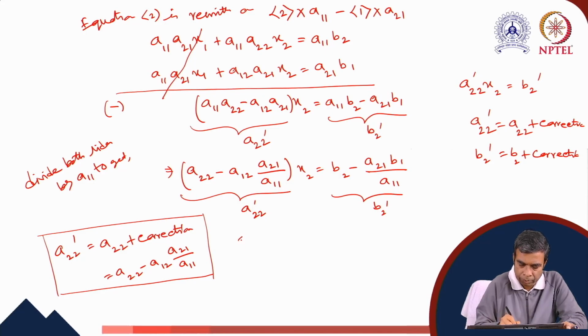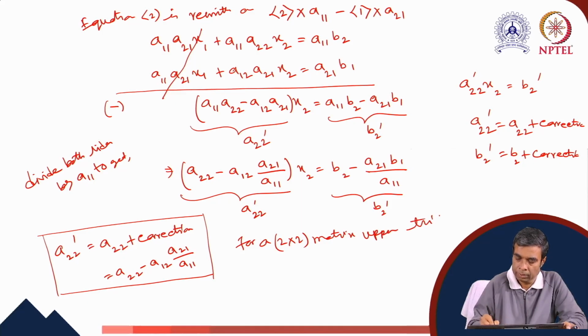So for a 2 by 2 matrix, upper triangulation requires one step.